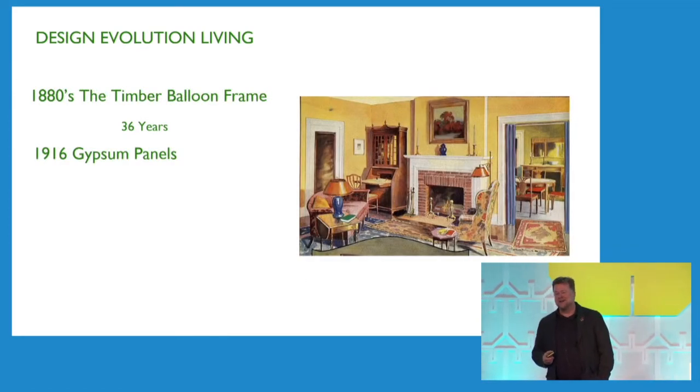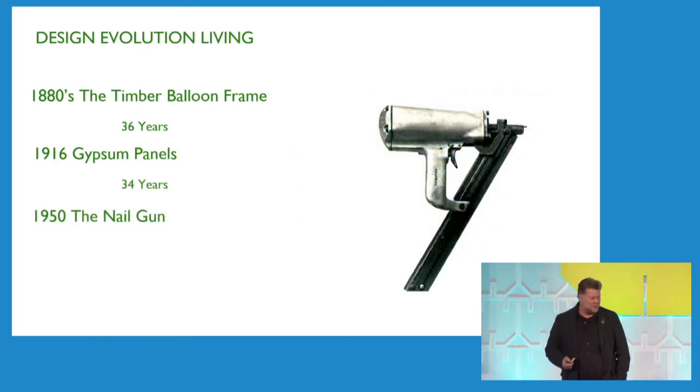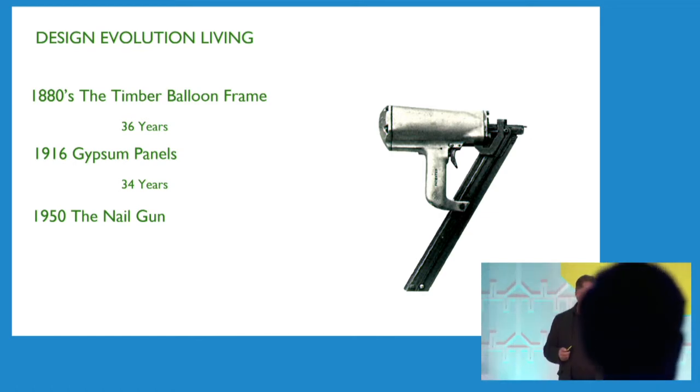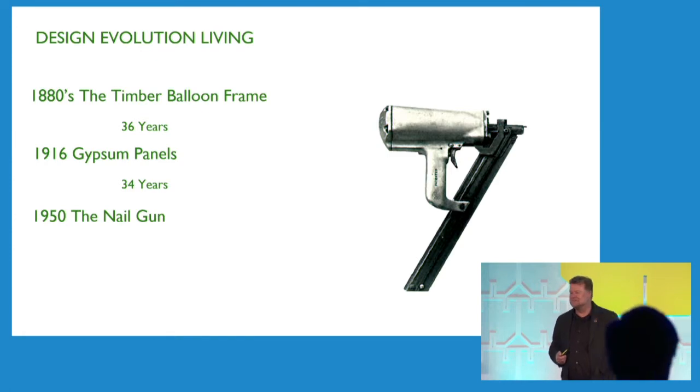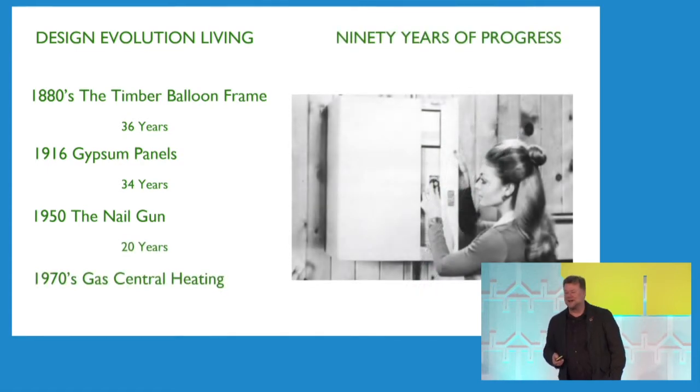So instead of hammering nails into those sheetrock gypsum panels onto the wall, it was automated, so the frame could be put up a bit quicker and the plasterboard put on a bit quicker. In the 1970s, a more sophisticated way of controlling the environment through the use of gas central heating. So that's the evolution of 90 years of the built environment in house design.